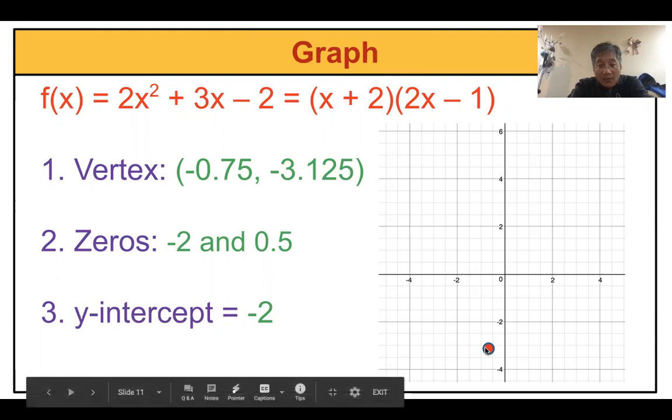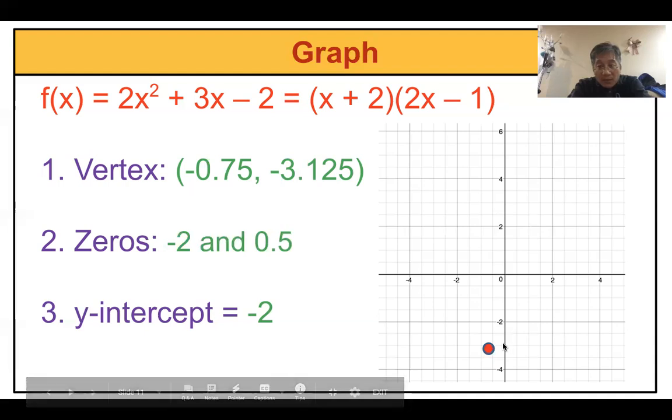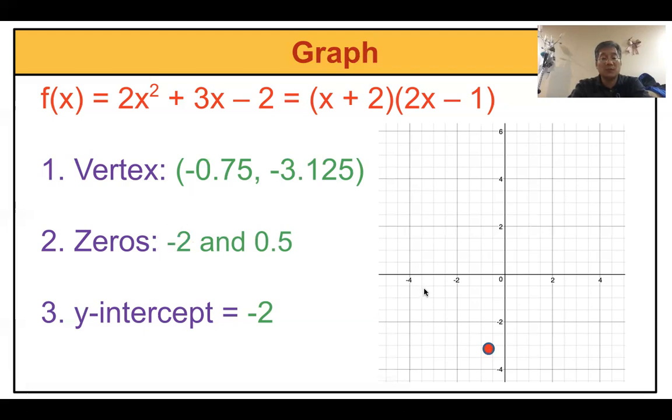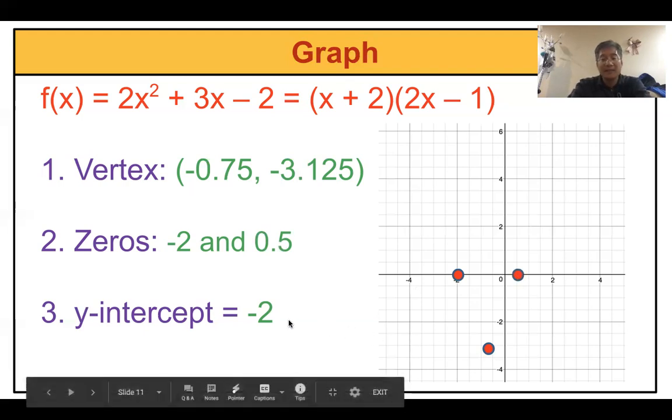And then the y value is negative 3.125, a little bit below negative 3. So here is the vertex. And now we plot the two zeros. Negative 2 is here. 0.5 is here, right? And then make sure the y-intercept is negative 2 here.